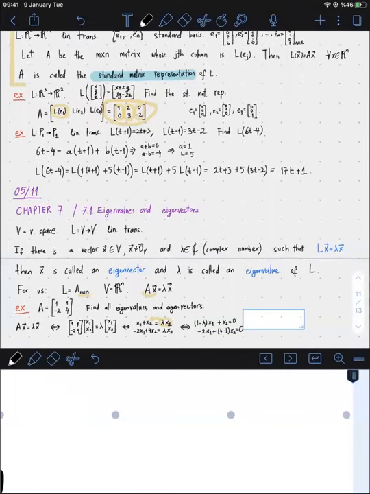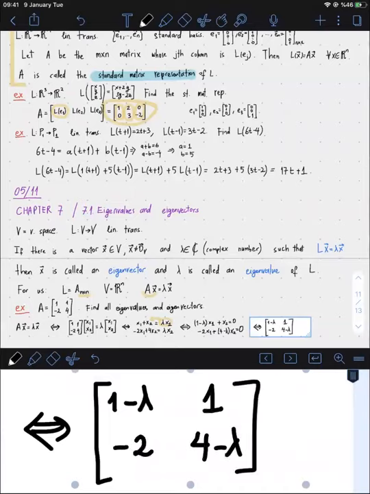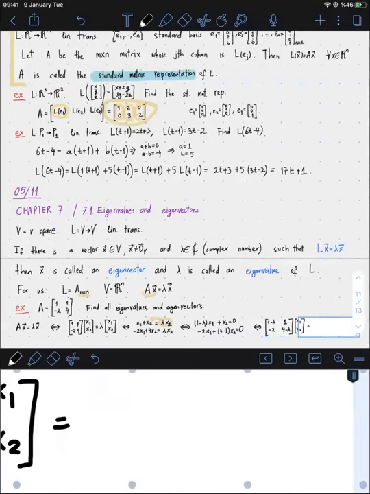What does this mean? We have an equation like this: the matrix 1 minus lambda, 1, minus 2, 4 minus lambda, times x1 and x2 equals, on the right-hand side, 0 and 0.